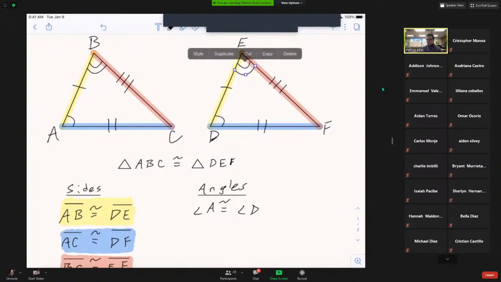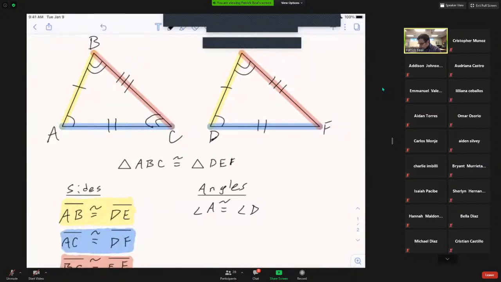So I'm going to put two curved lines in those angles to show that they're congruent. And then in the third angle, C and F, I'm going to put 3. 1, 2, 3. There we go. So we got the 3 curved angles in the third one to show that they're congruent.